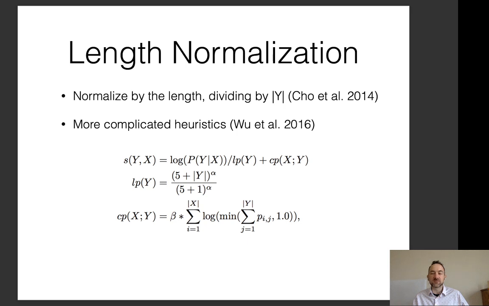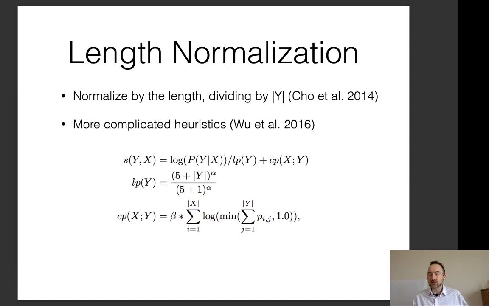This is kind of the default now in many sequence modeling toolkits. There are also more complicated heuristics, which I won't go into the details of here, that were used by the Google machine translation paper. You can go crazy with the heuristics if you want, but the first one is commonly used, so it's definitely worth knowing about and knowing that you're using this.